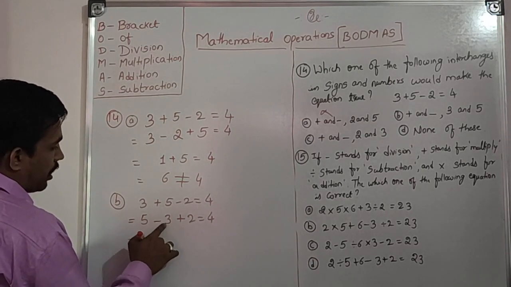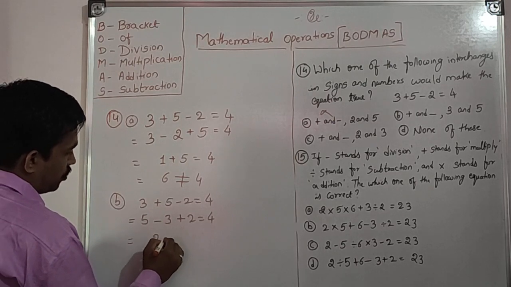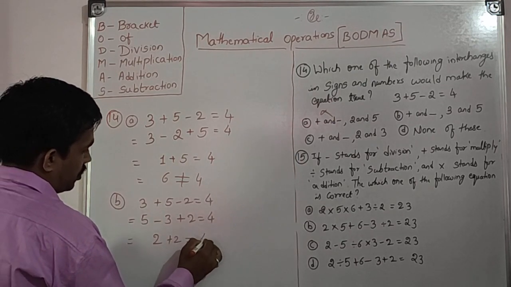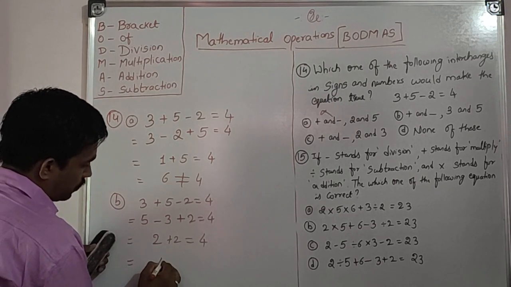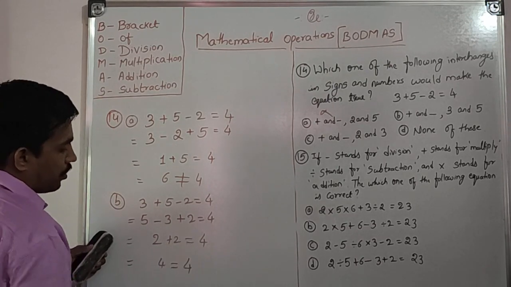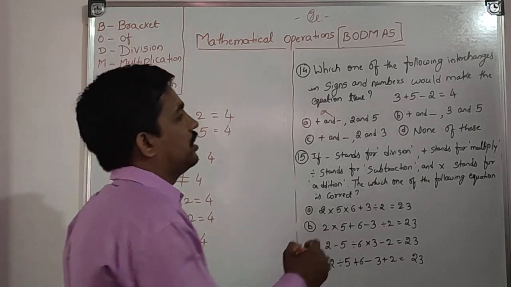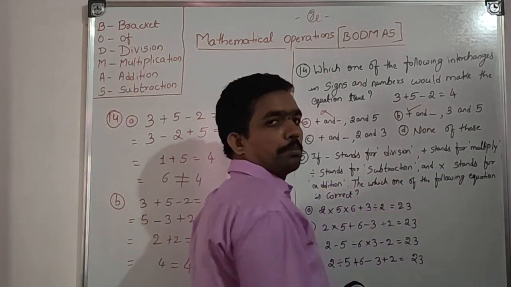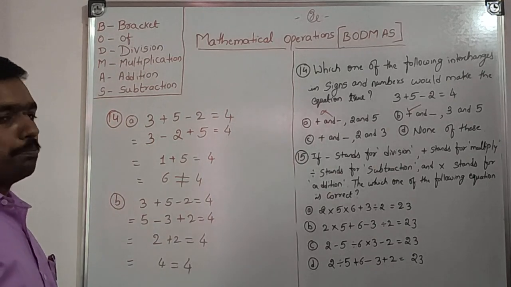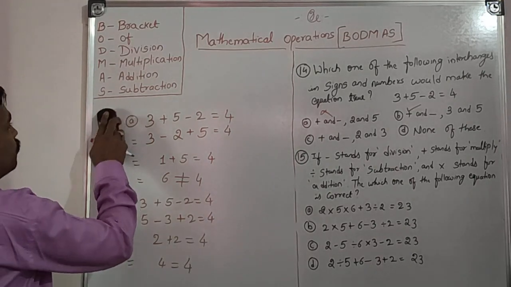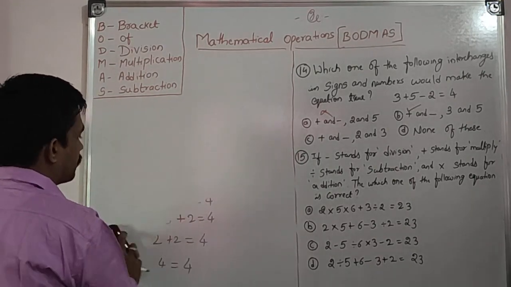Now see, 5 minus 3 it is 2. Plus 2 is equal to 4, and then 2 plus 2 is 4, it is equal to 4. So our answer is option B. We are getting 4 equal to 4. Our option is B. And then going to 15th question.